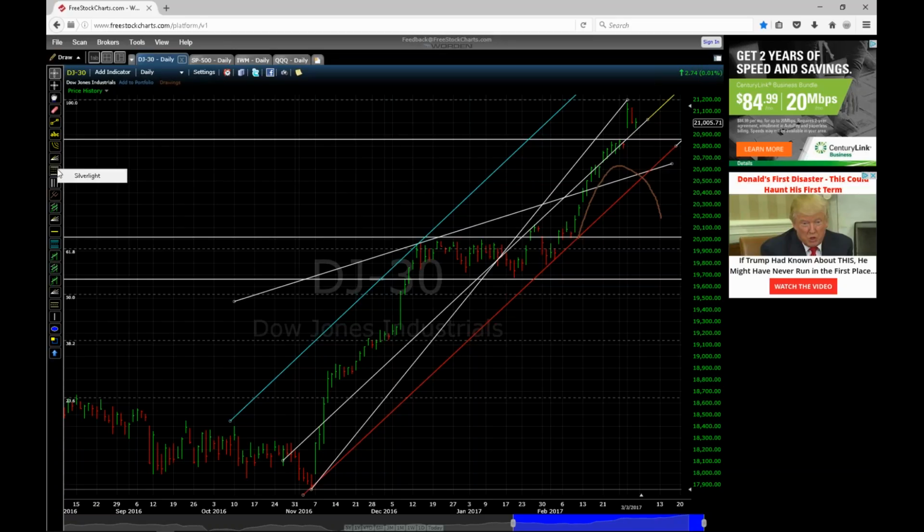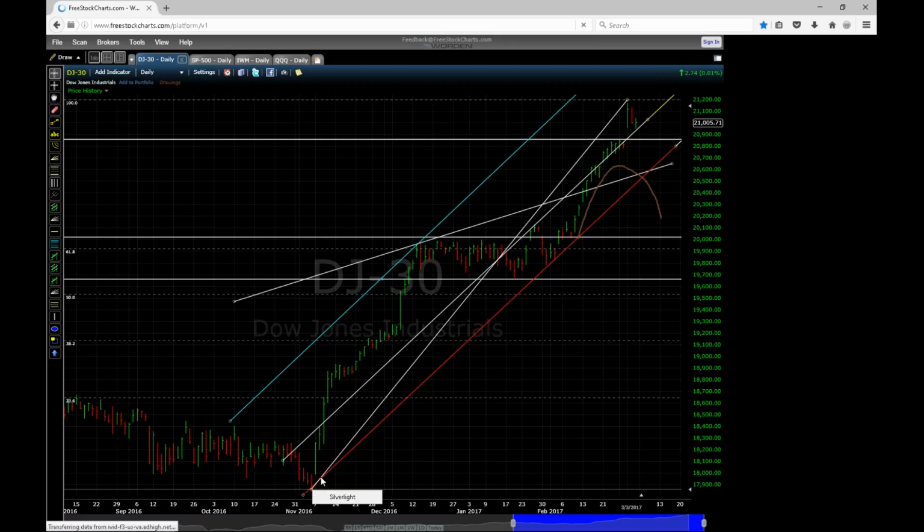When you draw from the top to the bottom, this line. Let me see here. I don't see that function. That's what I'm looking for. Oh, there you go.